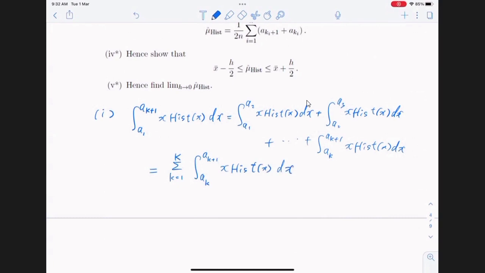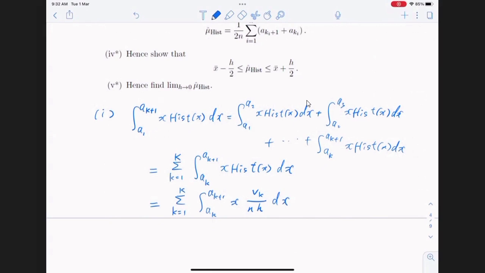Now, we know how to do this integration. The reason is that this is just bk. This is the k-th class interval bk, from ak to ak plus 1. So we know that within this range, the histogram value will be equal to the formula, vk divided by the sample size and the width of the interval.